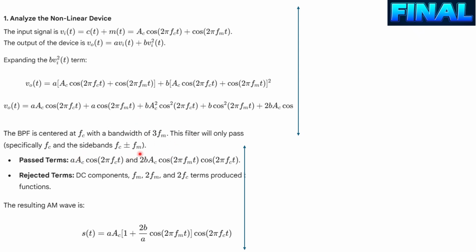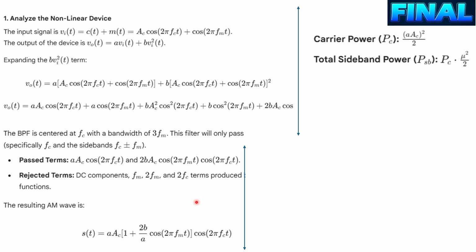The higher terms, twice f_m, will be rejected, meaning they will not pass. The DC components and twice f_c terms are removed, so the resulting wave is s(t) equal to a A_c (1 plus 2b by a cos omega_m t) cos omega_c t, something like 4b m cos omega_c t, which we already saw.